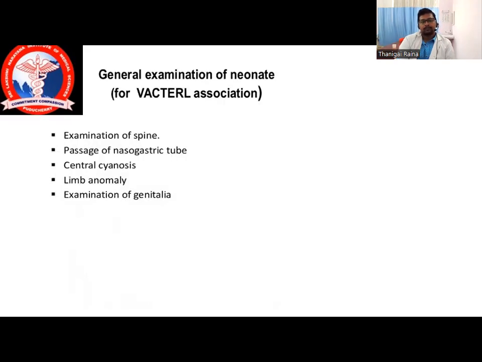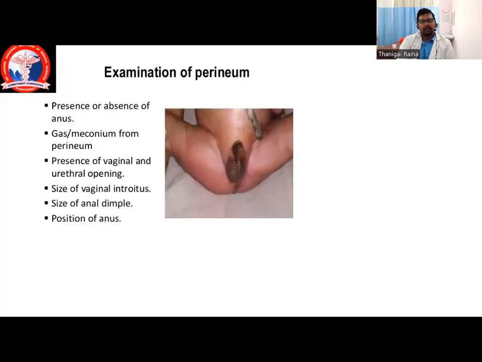So generally we should look for VACTERL association. That is examination of the spine, passage of nasogastric tube, central cyanosis. You have to look for limb anomalies and examination of the genitalia. Examination of the perineum: presence or absence of anus. You should look for gas or meconium from the perineum.